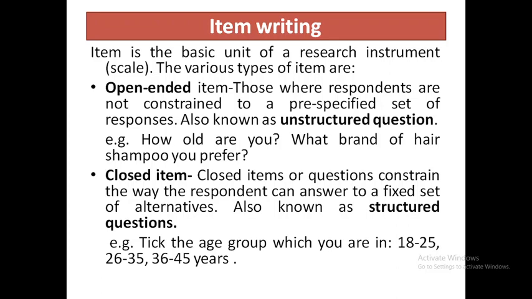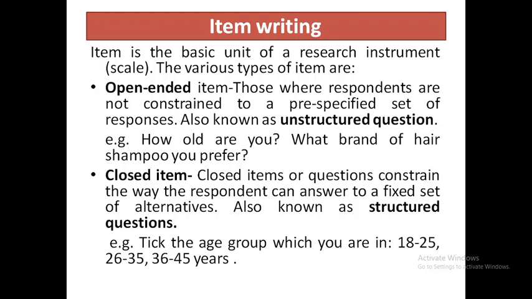In open-ended items, the responses of respondents are sought in narrative or in the words of the respondent. In close-ended items or structured questions, the responses are sought through specified categories of response that are already stated in the questionnaire. In the last, I will show you a model questionnaire.